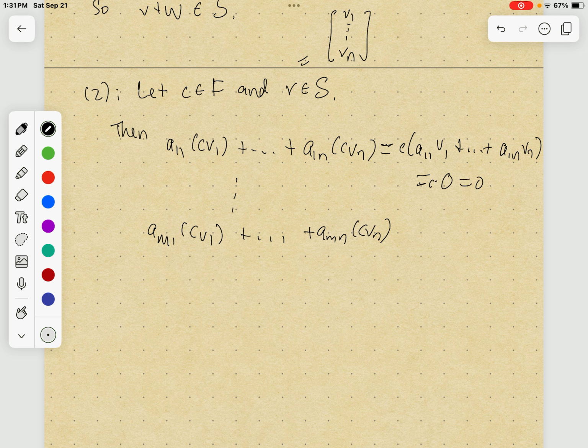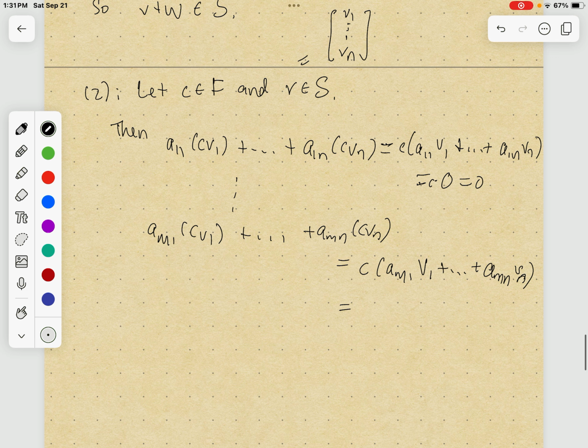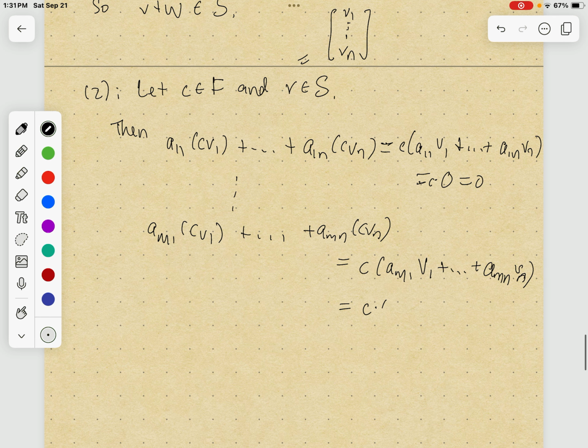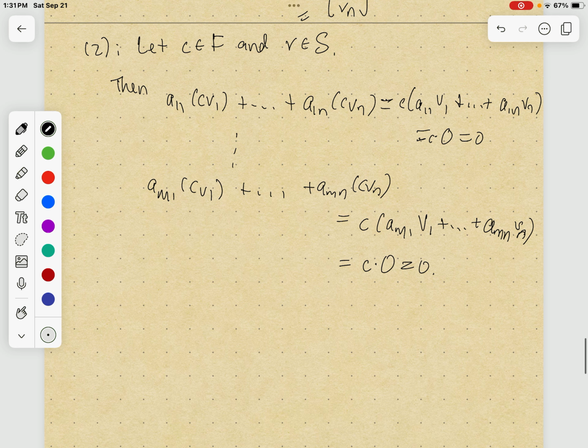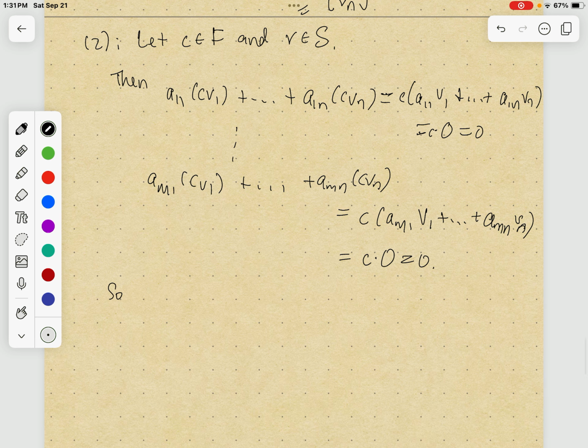And similarly here, in this last equation, it's c times (am1 v1 plus dot dot dot plus amn vn). And since v is in S, this expression is equal to 0. So this is c times 0, which is 0. And it's the same for all the other equations. And so therefore, cv is an element in S.